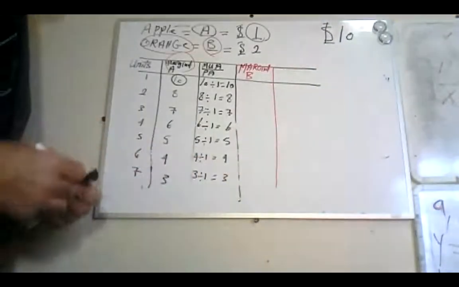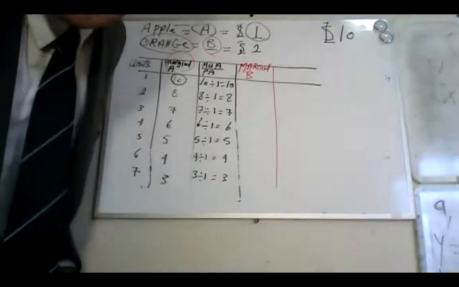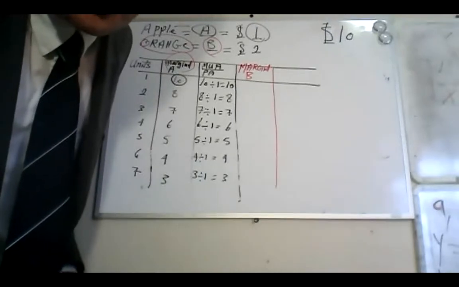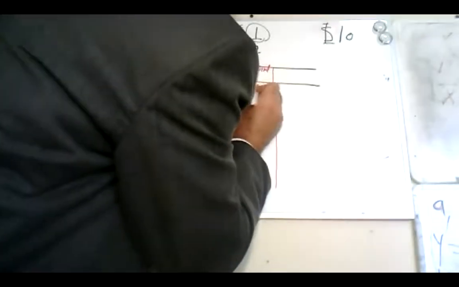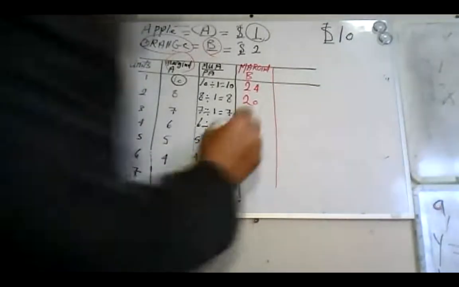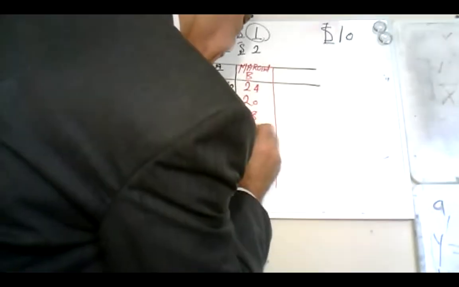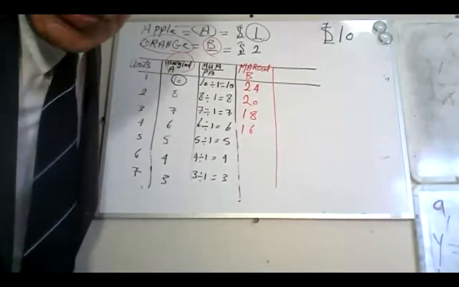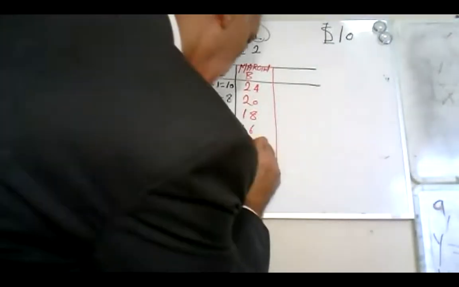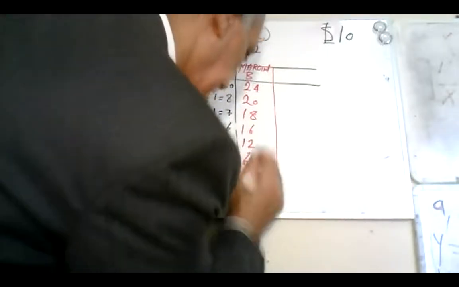It's given data. The marginal utility here will be 24, 20, 18, 16, 12, 6, and 4.